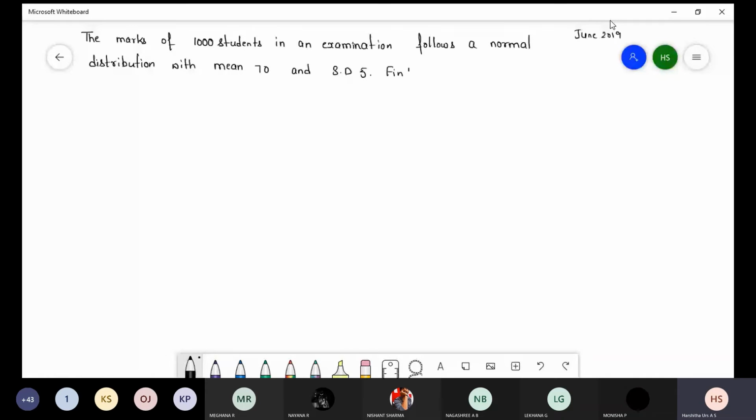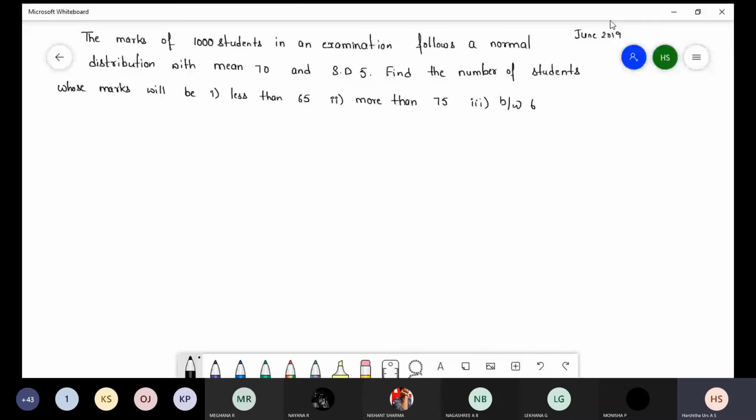Find the number of students whose marks will be: first one, less than 65; second one, more than 75; third one, between 65 and 75.